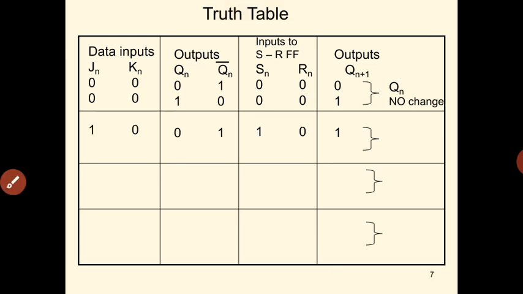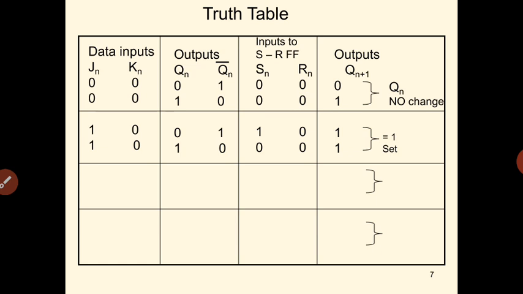And for the second case, when J is equal to 1 and K is equal to 0, and Qn I am considering 0 and 1, what happens? The output is 1. So irrespective of the previous output Qn, the present output Qn plus 1 will always be equal to 1.